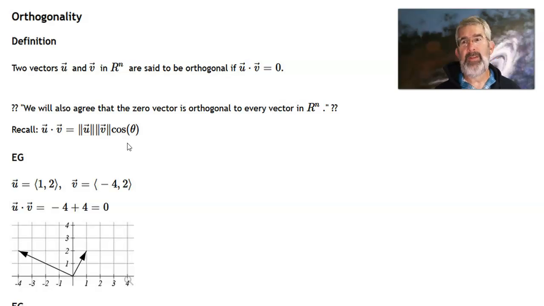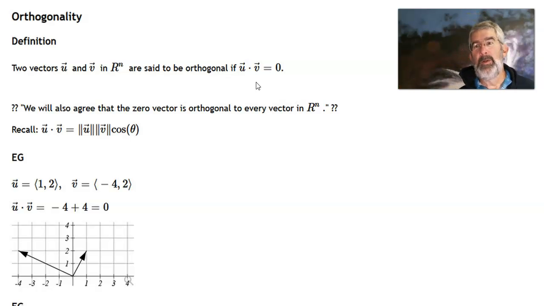And so I think that's why they're making that special comment about the 0 vector, because they're thinking, oh, well, the dot product got to be 0 for a different reason than all the other times, right? If u and v are not 0 vectors, then the only way the dot product is going to be 0 is if the angle is pi over 2. But that's not what their definition was. They're orthogonal if the dot product is 0. So yes, 0 is orthogonal to everything.